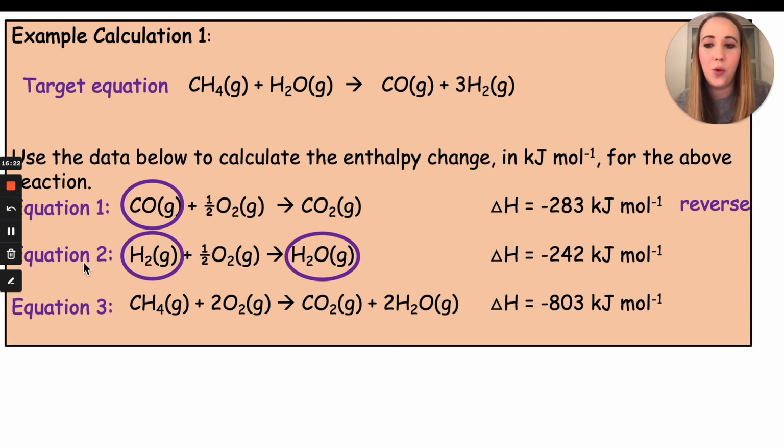Hydrogen, H2, only appears in equation 2. So our only option for getting these 3 moles of H2 on the right hand side is doing it from equation 2. That's going to mean that we're going to end up with 3 moles of water, which is not what we want from the target equation. But because we've got water somewhere else, what we should find is that the water will sort itself out once we've finished our manipulations.